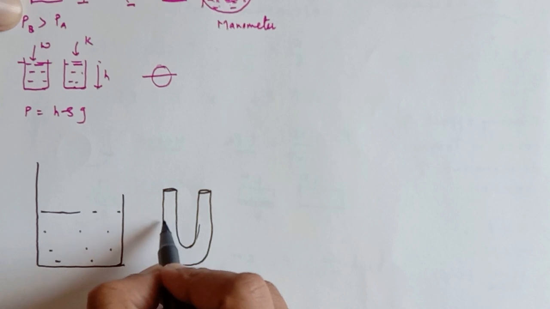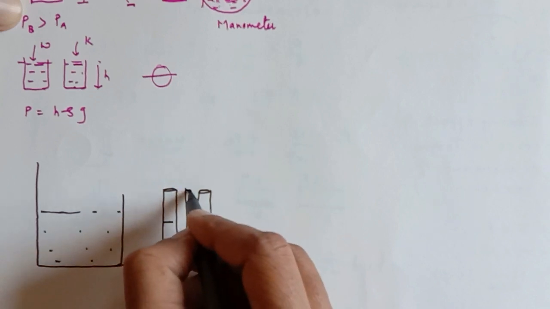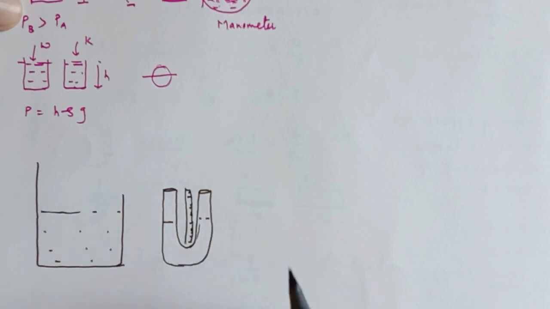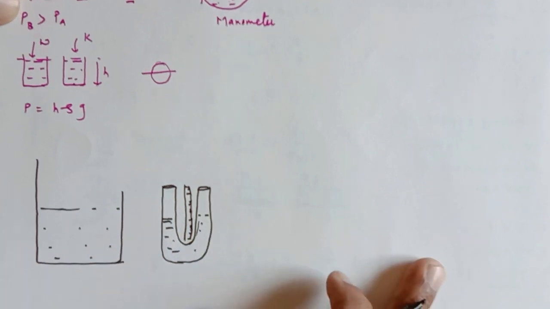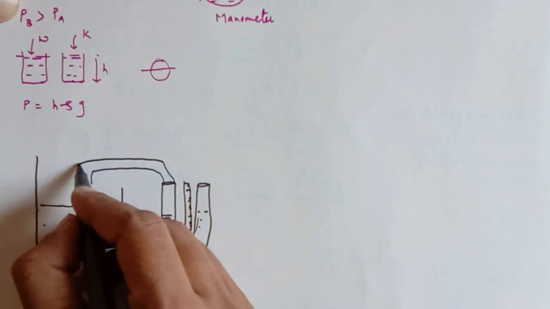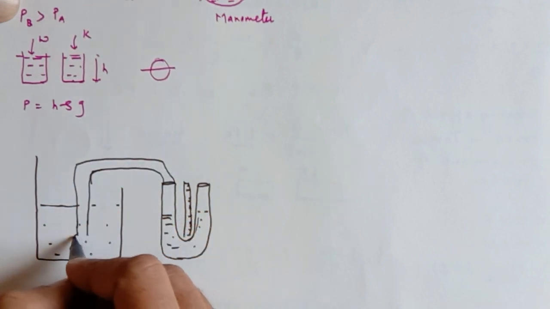Like this, and here there is a scale in which the readings would be written, our normal scale only. Now what is going to happen, this is mercury, and this pipe, you put it inside water like this.